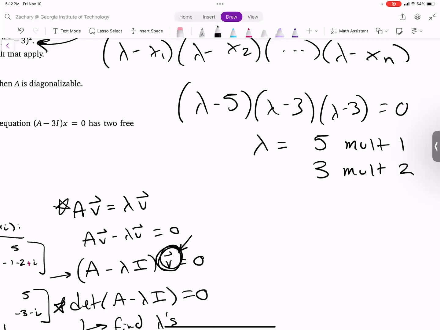For example, I have 5 with multiplicity 1. What is my geometric multiplicity for that as well? 1. Now I have 3 with multiplicity 2. What is my geometric multiplicity? 1 or 2. We don't know. That's the big part of this, not knowing, and what is going to tell us that. That's a big question that we have to consider, and how we move forward from that is the math of linear algebra.